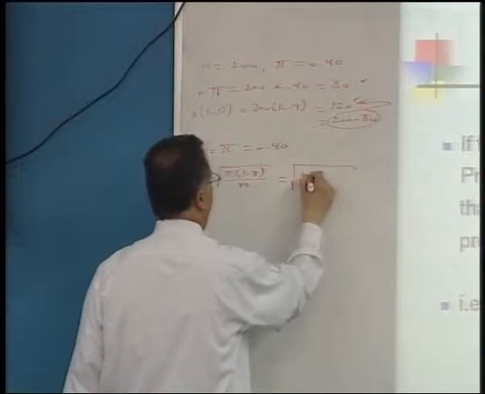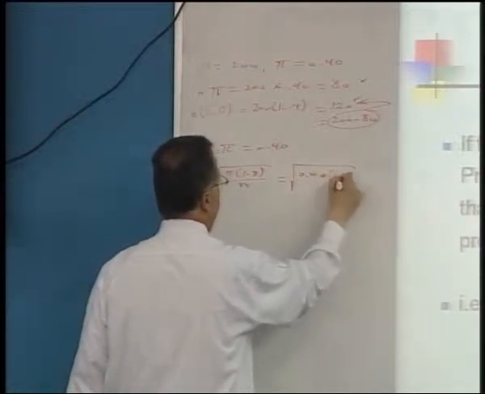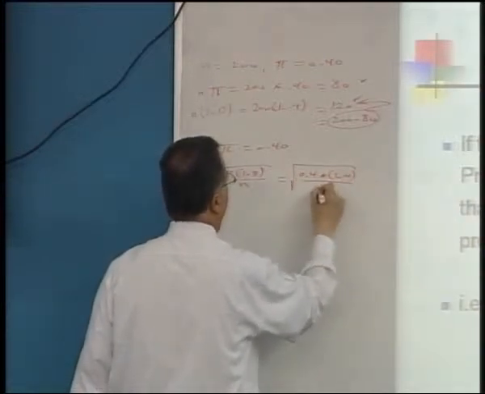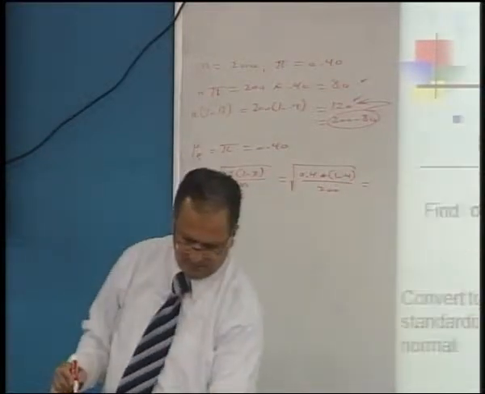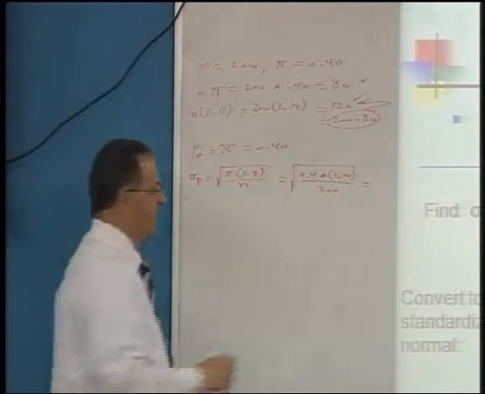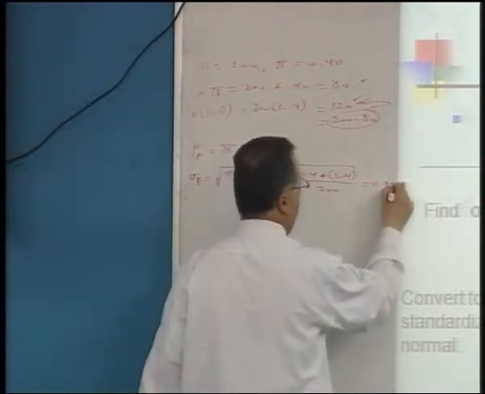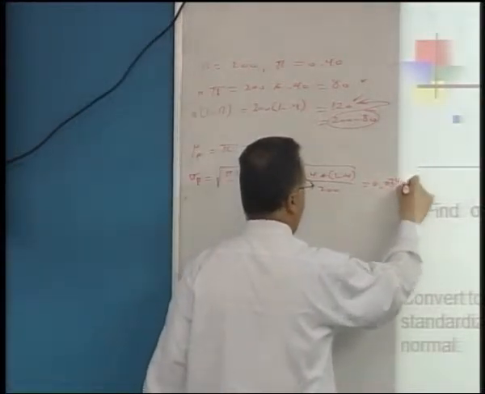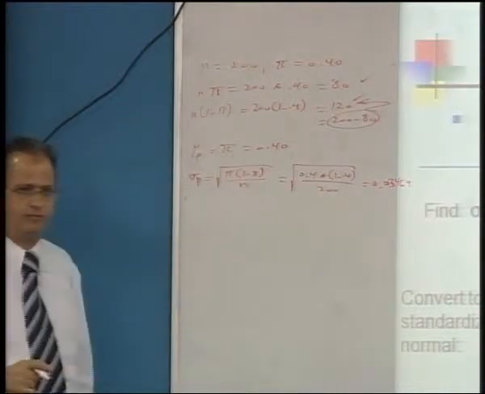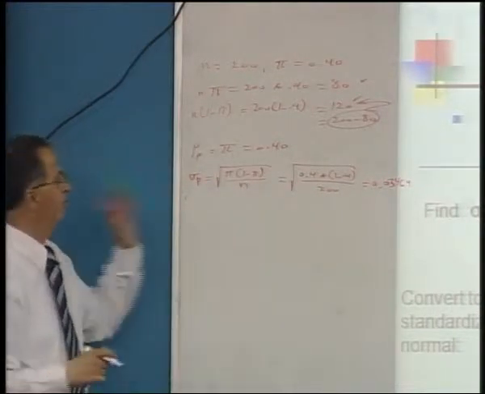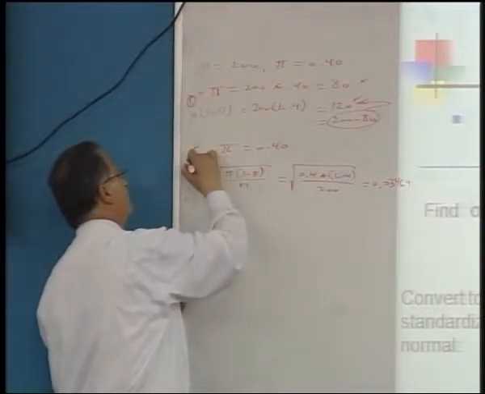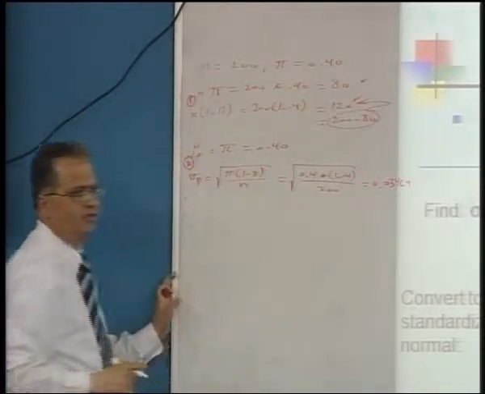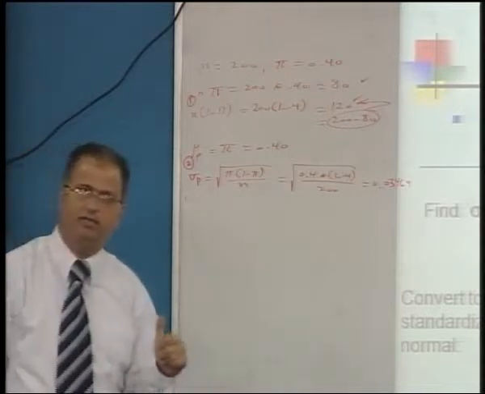That's the square root of 0.4 times 0.6 divided by 200. And that will give 0.03461. So the first step, we have to check the two conditions. Second step, compute the mean of p and sigma of p.